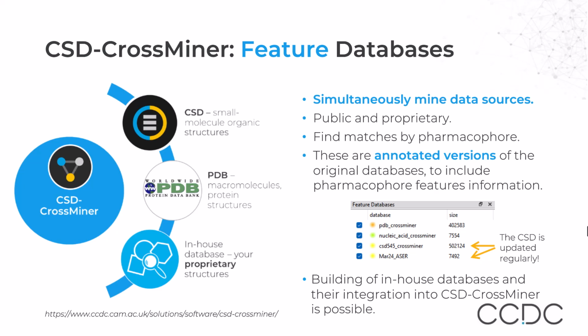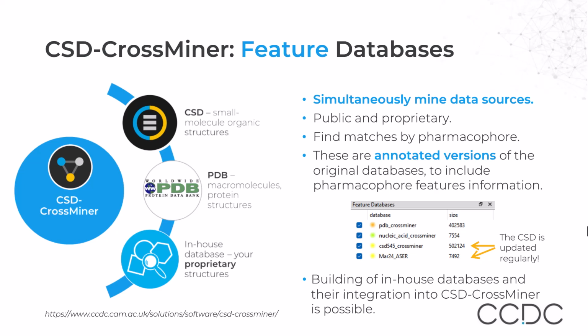Some more details about the databases which are built into the CrossMiner. There are 3 main databases, so you can see 4 on the screenshot, but actually this is just the PDB CrossMiner database, which sources PDB. It doesn't have all the structures included into it, because the structures that we extract for CrossMiner are complexes between a ligand and a protein.